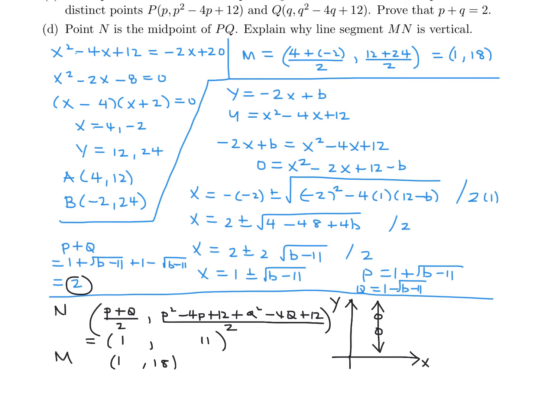Now, let's say this is N and this is M. Well, they do indeed have the same x coordinate, right? The coordinates for N are 1, something. We don't really care what the y coordinate is. And the coordinates for M are 1 and 18. So since they both have the same x coordinate, that line NM is indeed vertical. And you can write that out in a sentence format.